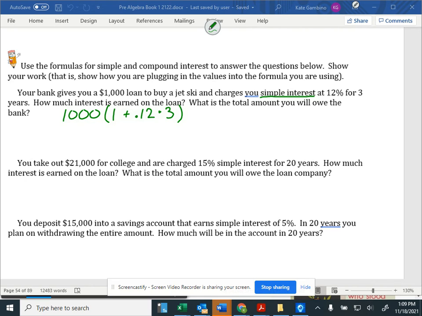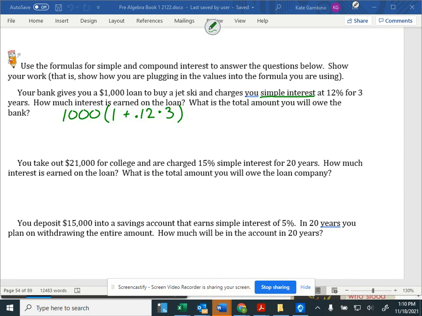Then you have to say, what is the total amount you will owe to the bank? So it's a two-step question. You need 2 answers. Is that making sense? Actually, this one is going to show you what the total amount is. That one shows you what total amount you will owe.